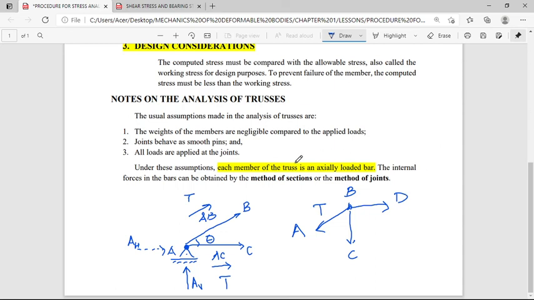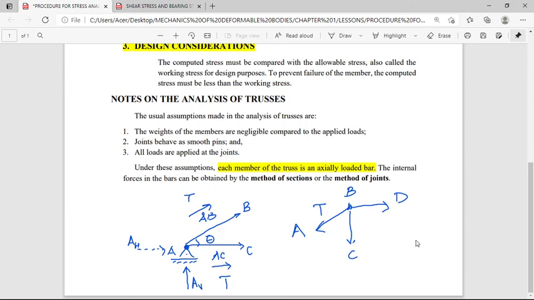So, finally, under these assumptions, each member of the truss is an actually loaded bar. Okay? So, bakit siya actually loaded bar? Kasi dyan nagtatransfer yung loads na dinadala. Halimbawa, may bubong ka. Actually, yung bubong, sasaluhin niya muna yon and then, matatransfer yan as actual loads dito kay trusses.